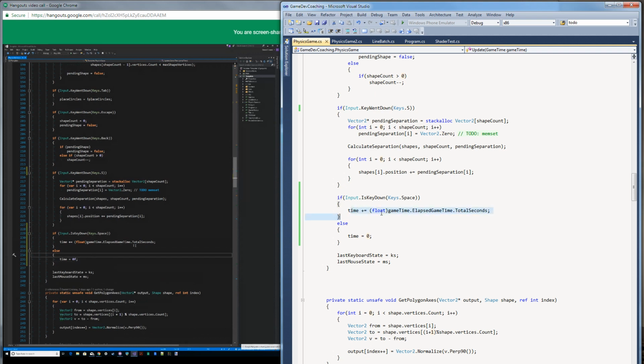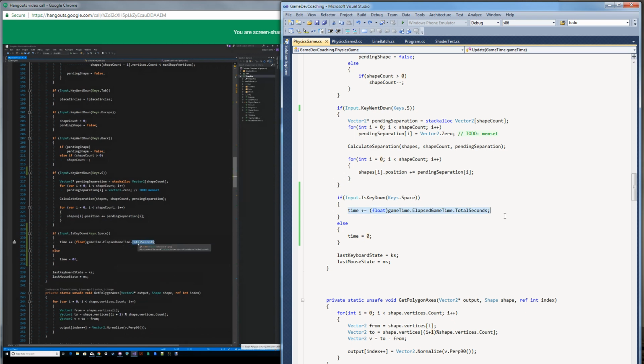What I wanted to quickly say is floating point accuracy is only really good enough for short timers. If this wasn't getting reset, if this was constantly advancing, particularly if it was just tracking the game time, floating point is not accurate enough to do that over a long span of time.